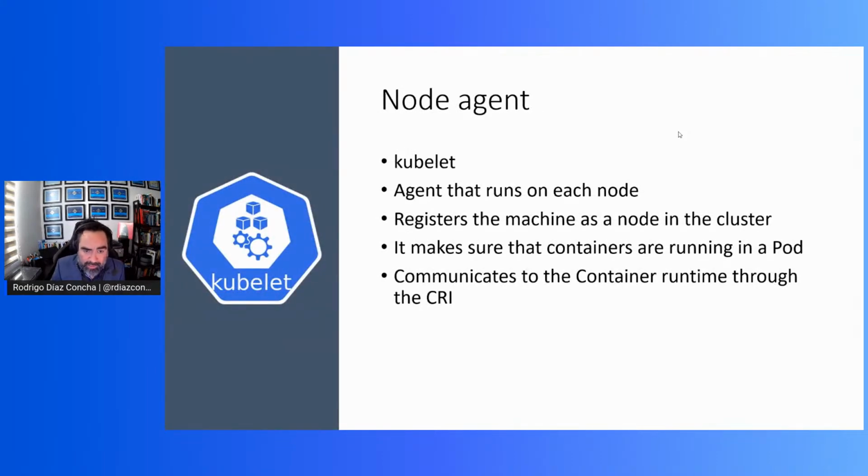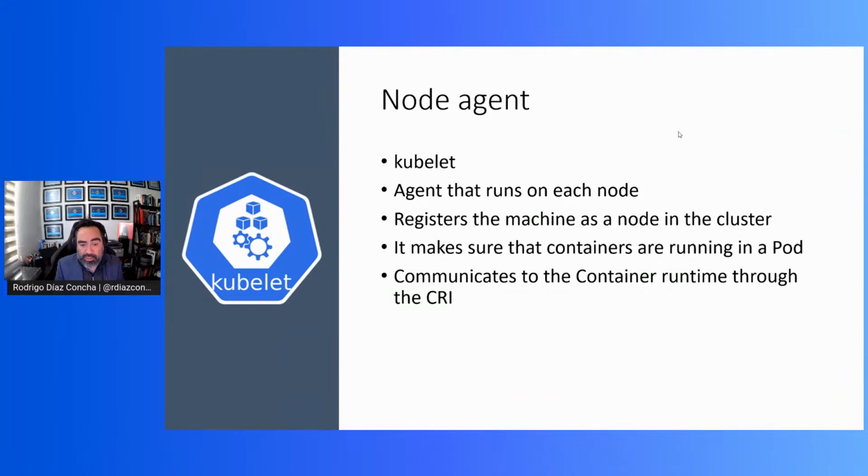The node agent, its technical name is the kubelet. The kubelet is an agent that is running all the time on each of those worker nodes. The node agent is particularly interesting and important because it registers the machine as a node in the cluster, right? So, of course, the agent has to be running all the time in order to be considered as part of the cluster, okay?